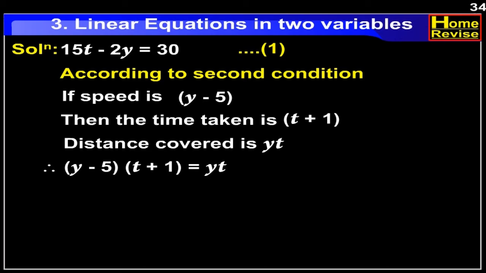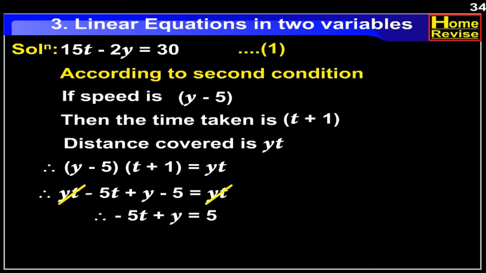After opening the brackets, we have yt minus 5t plus y minus 5 is equal to yt. Here yt gets cancelled out on either side and we have minus 5t plus y is equal to 5. Let this be equation number 2.